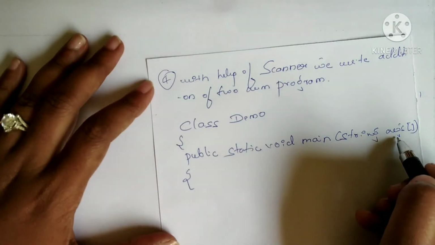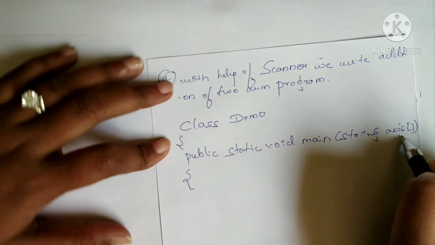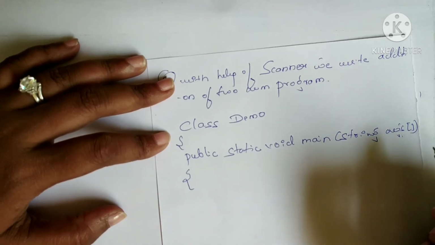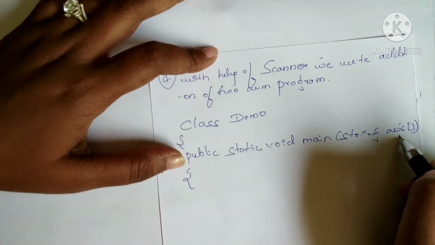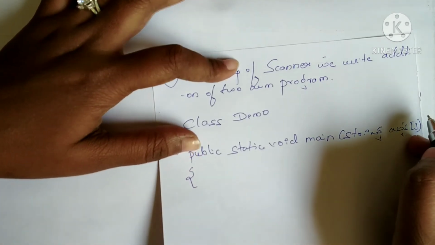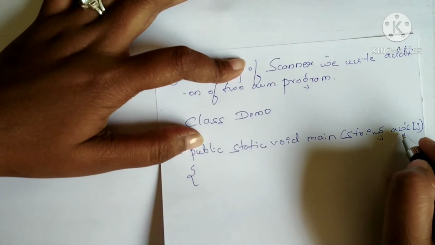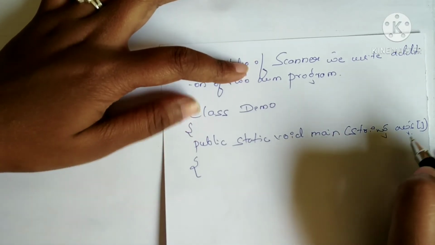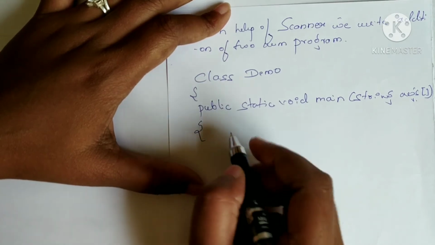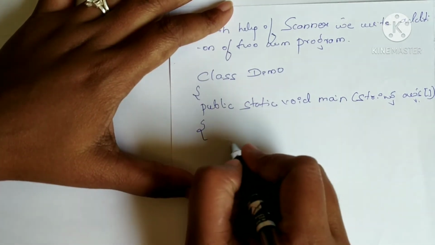For the string args, you can take any values here, x, y, any values. For passing the argument, we are using the args here. Then in this main method, we are using a scanner.